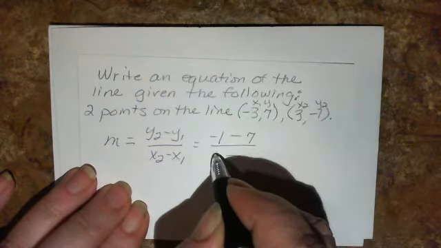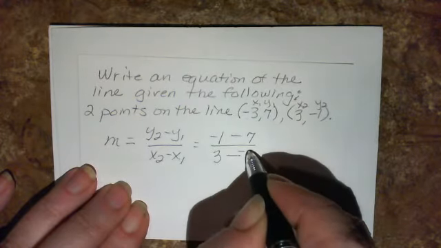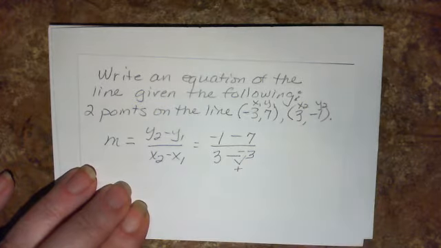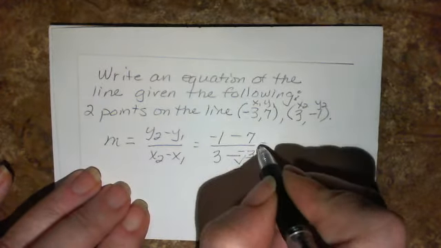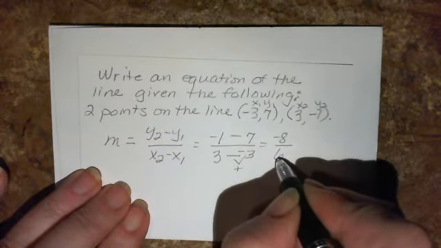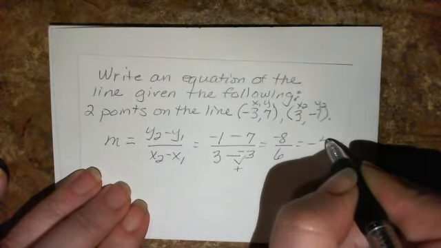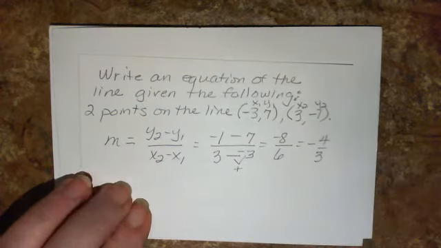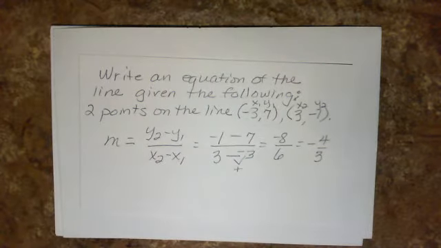And x2 minus x1 is 3 minus negative 3, so there's a minus a negative there. So this becomes negative 8. This is 6. And we simplify that to negative 4/3. Okay, at this point all we've done is find the slope.